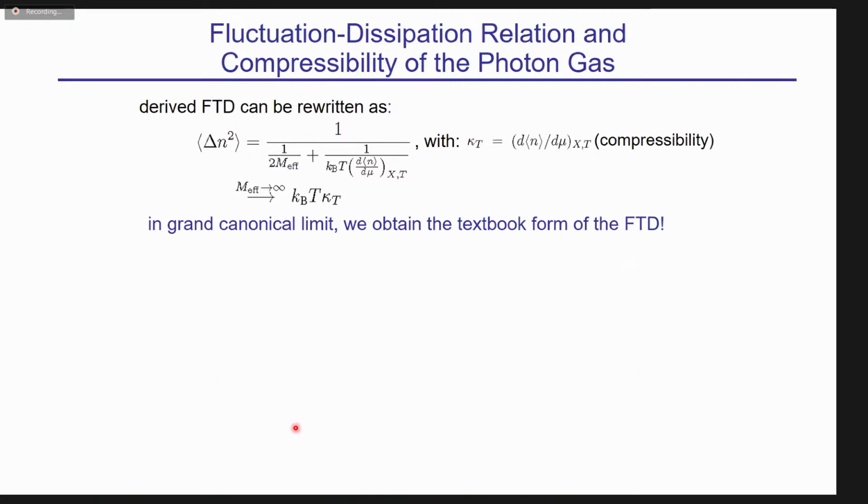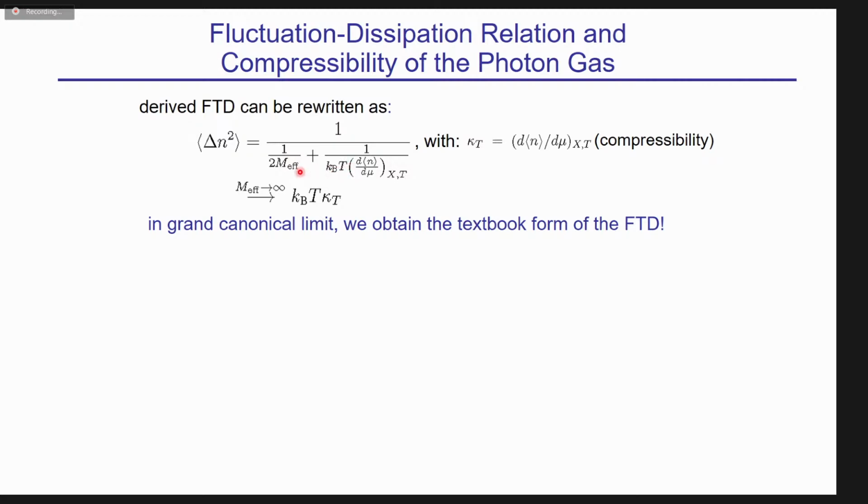Now the next question is, how does it relate to the usual form, which relates the RMS particle fluctuations to the compressibility?